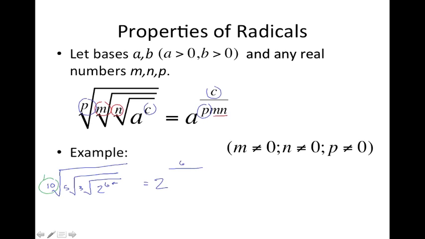So I have 10, which is my p, 5, which is my m, and 3, which is my n. And so this is going to become 10 times 5 times 3. That's a lot to say. But now we have 2 to the 6 over 150.